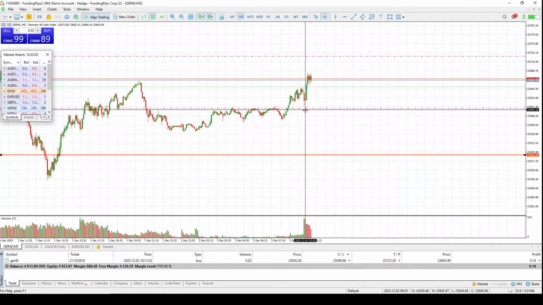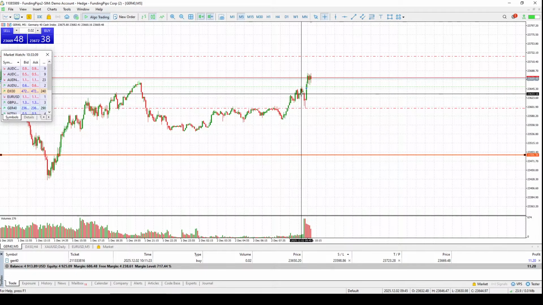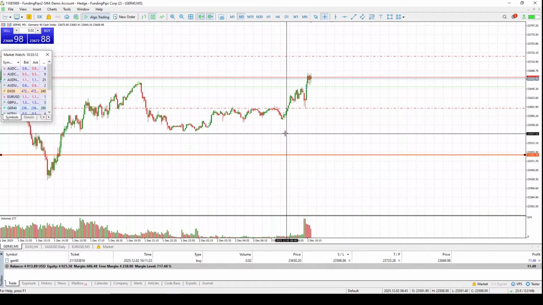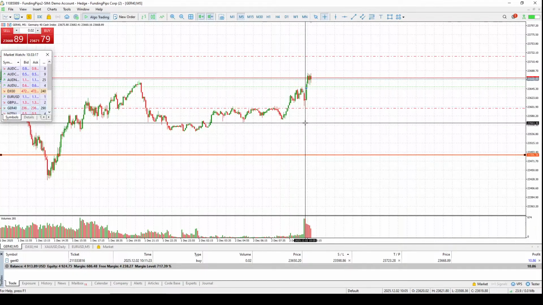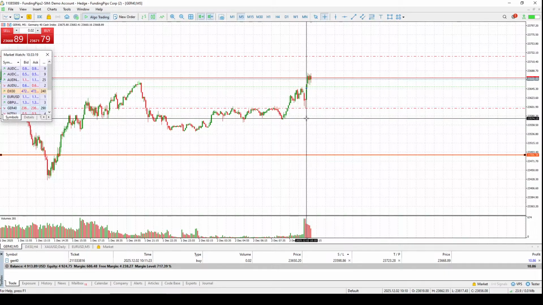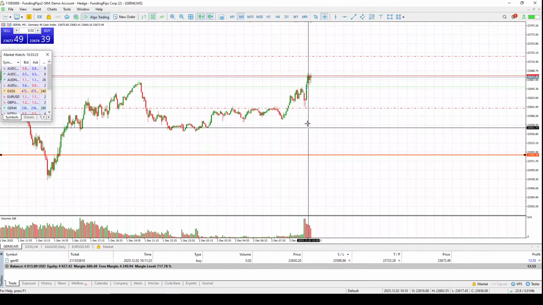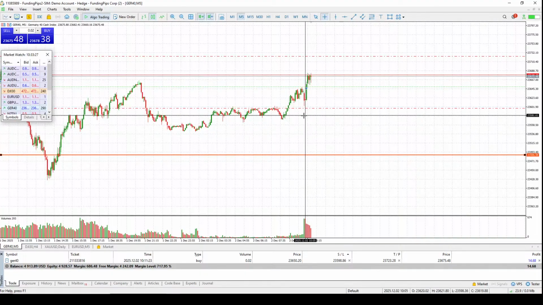And this pullback at the opening of the London session is positive. Normally, when you see a small rally before the open of London, then a pullback after the opening, and it fails to make a new low, your bias will be a buy, to the upside.